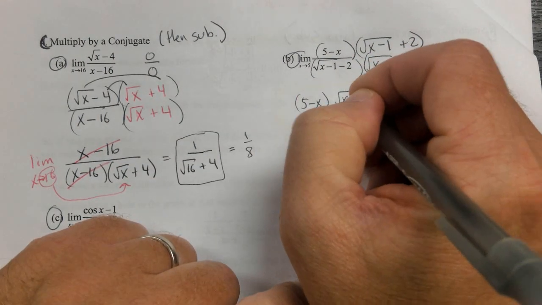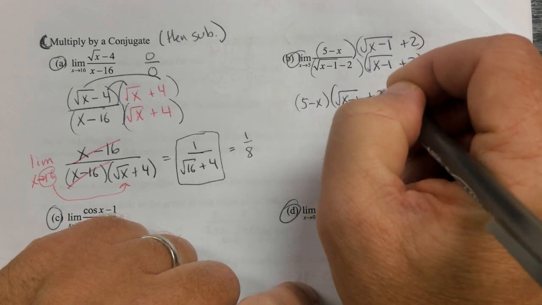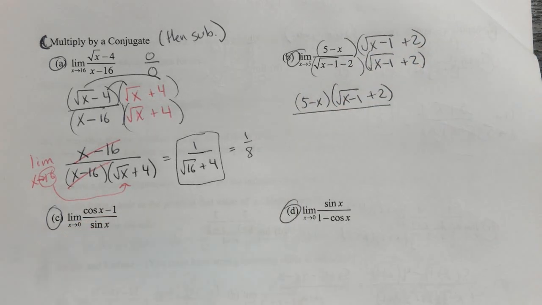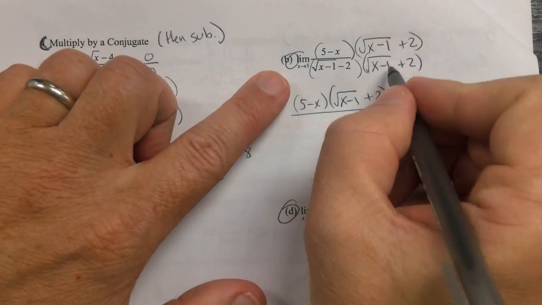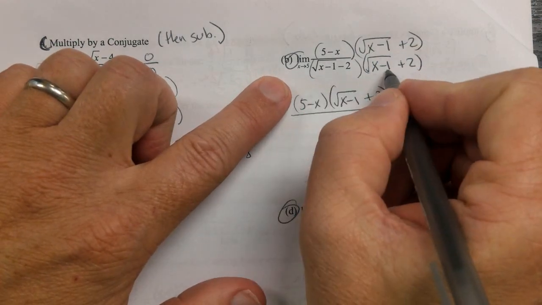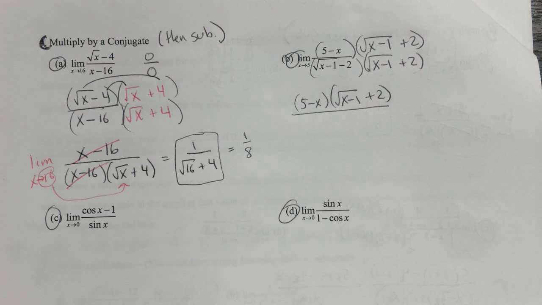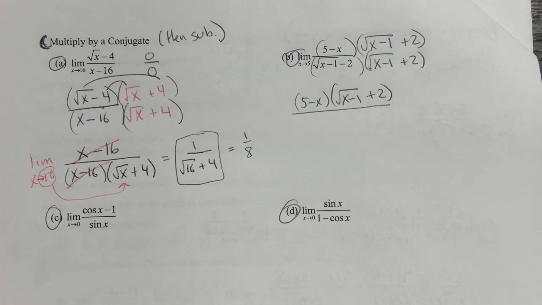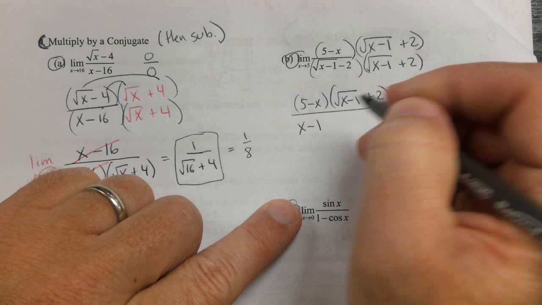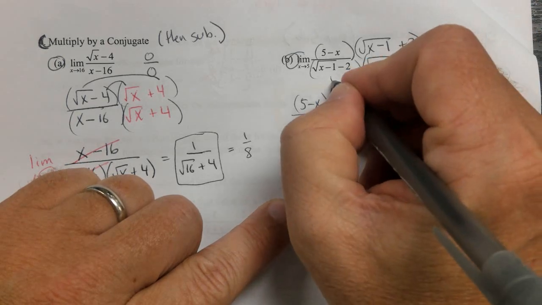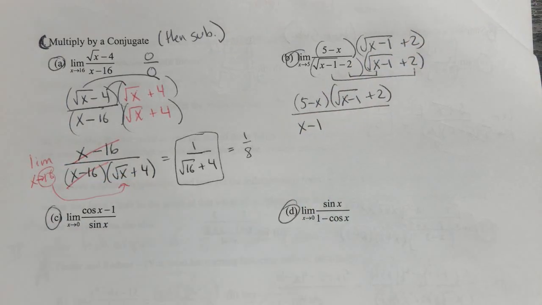So leave the non-conjugate side alone because we're hoping something cancels. Do fix the conjugate side because that's the whole point of multiplying by a conjugate, is hoping something will cancel for us. Oof, careful here. Square root of x minus 1 times square root of x minus 1 is x minus 1. And the middle 2 terms would be ugly, but what happens with the O and the I of FOIL when we multiply by conjugates?